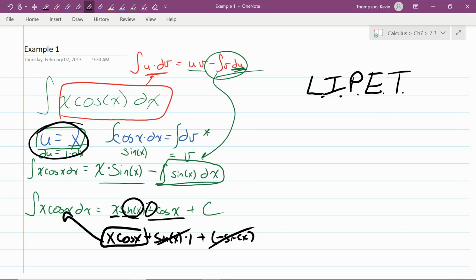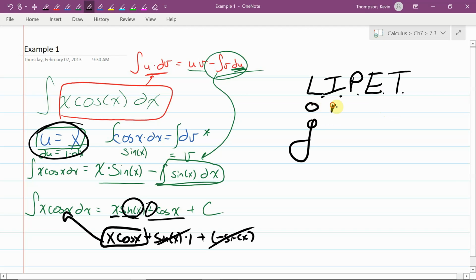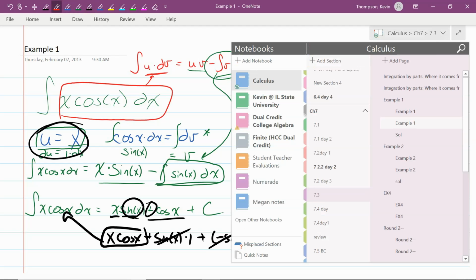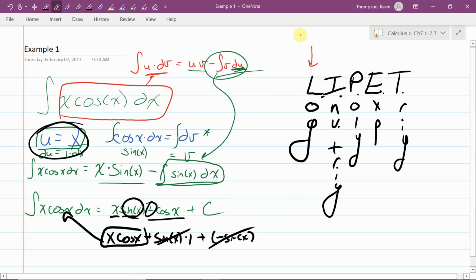So it stands for log, inverse trig, polynomial, exponential, and trig. This side over here is the best choice for u, making this the worst.